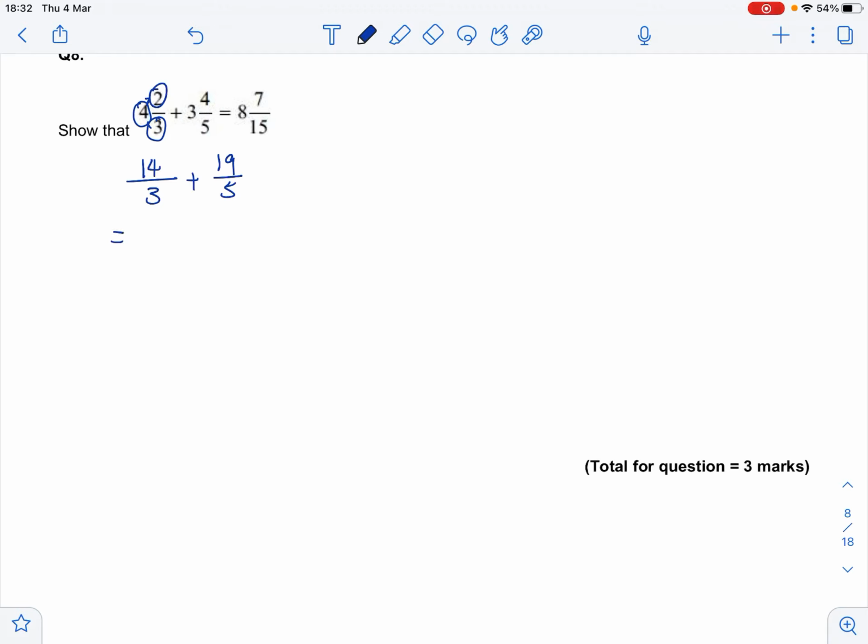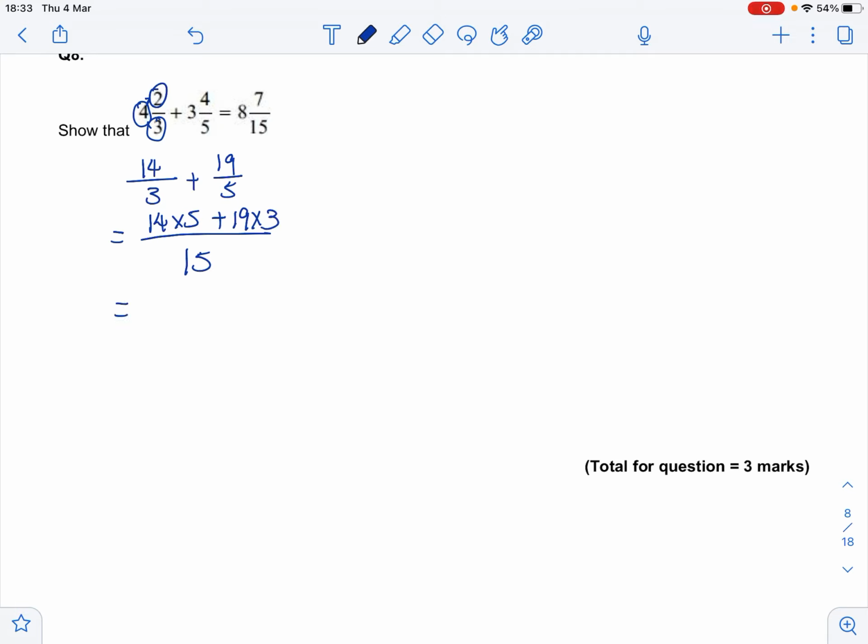Then adding them, we need to have a common denominator, which is going to be 15. So if I multiply the 3 by 5, I need to multiply the 14 by 5. Plus, if I multiply the 5 by 3 for my denominator, then 19 also needs to be multiplied by 3.